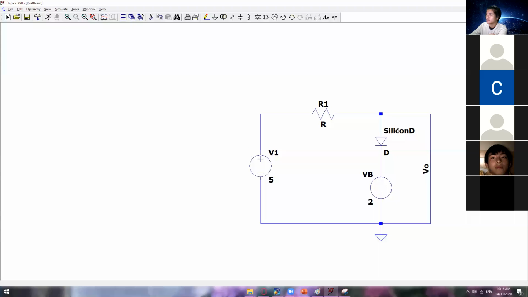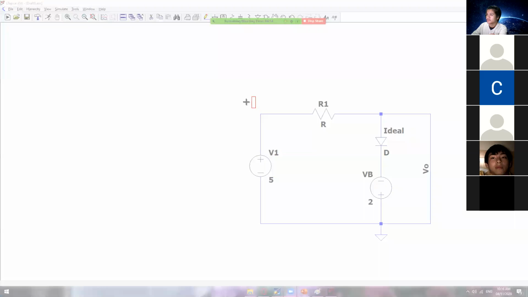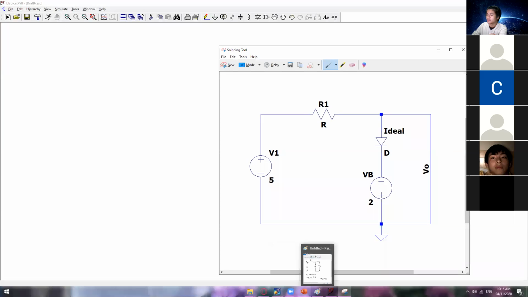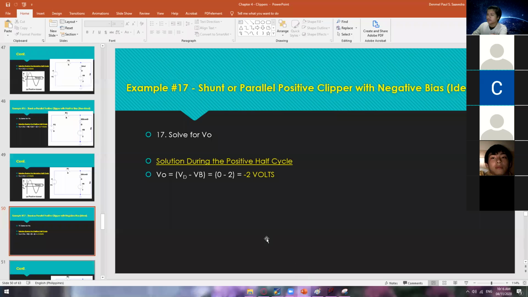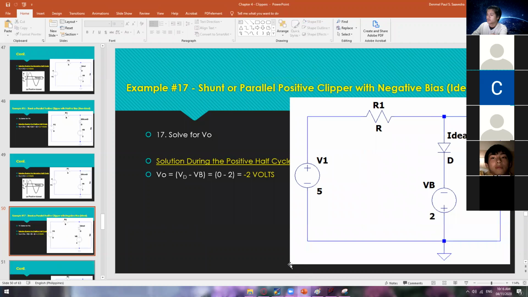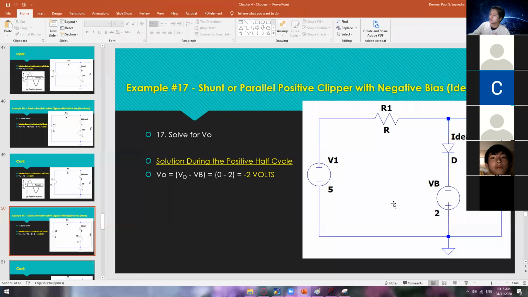Silicon, this one will become ideal. All right, there you go. So this one now is the perfect graph for this one, the perfect circuit.